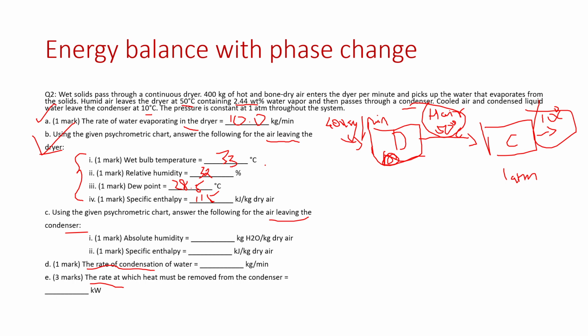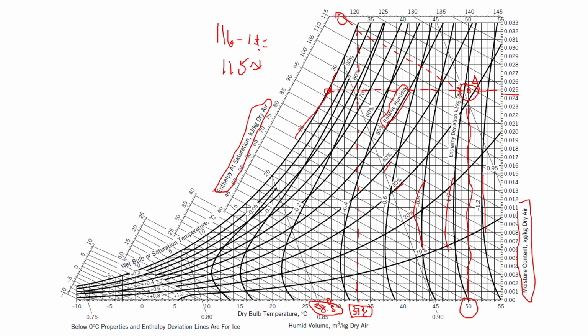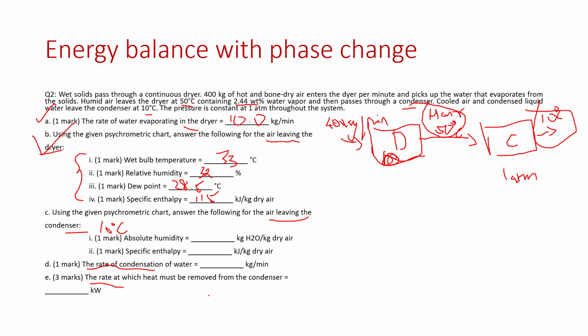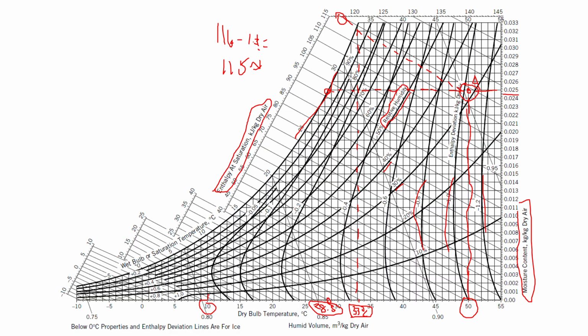Using the given psychrometric chart, answer the following for the air leaving the condenser. So the air is leaving the condenser at 10 degrees Celsius. Now to find the absolute humidity, we will again move on to the psychrometric chart for air leaving at 10 degrees Celsius. The relative humidity that we found is 32%. So let's mark the point at that 32%.